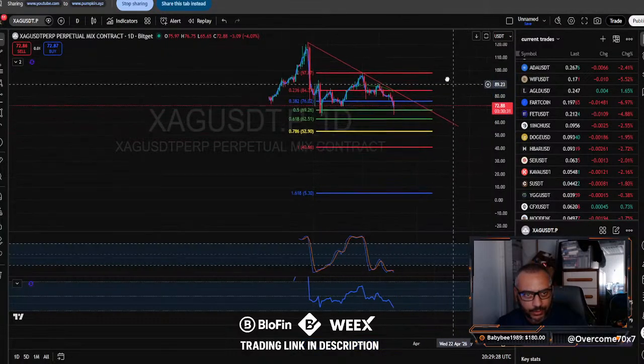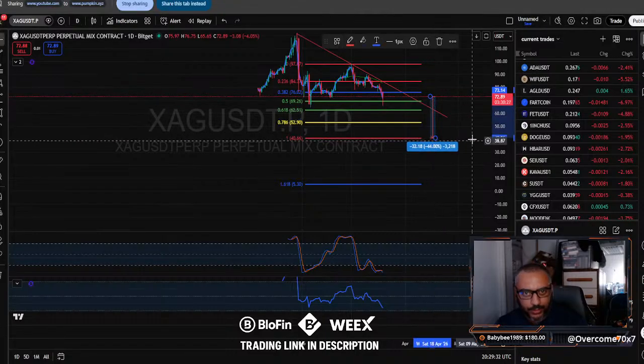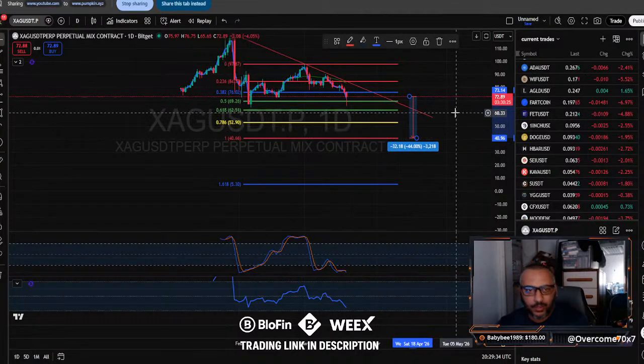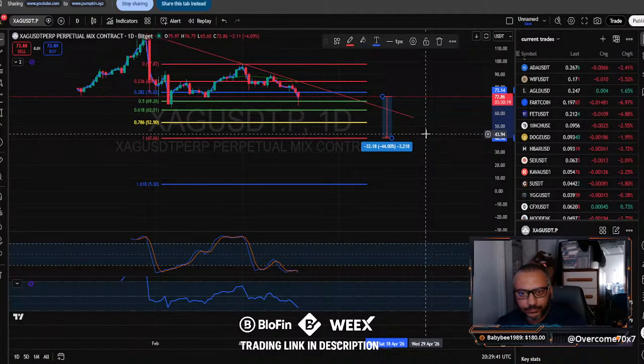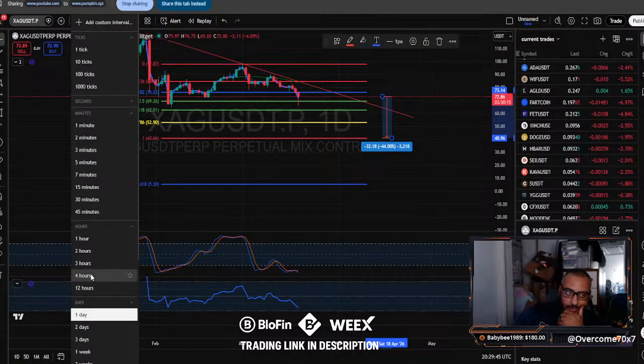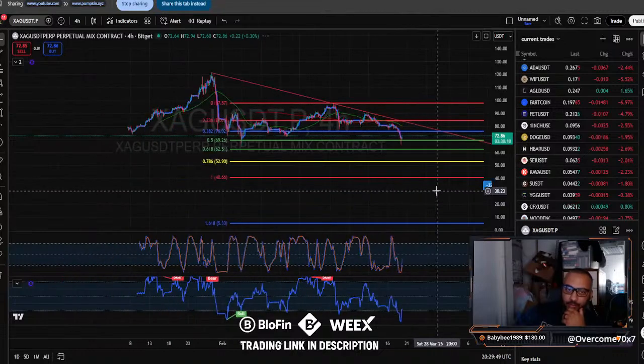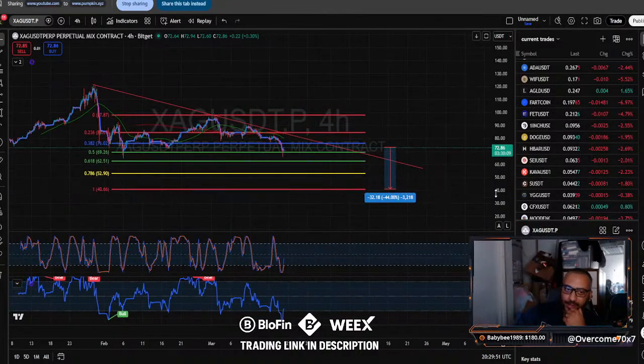Oh, silver is nowhere close to being done. Holy crap. $40? Might see another 44% drop out of silver? At least this silver. Kind of impressive. That's like trillions of dollars. That's a lot of money.